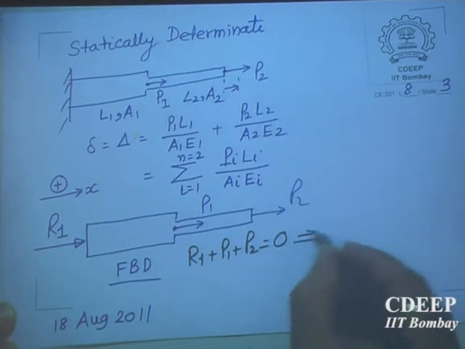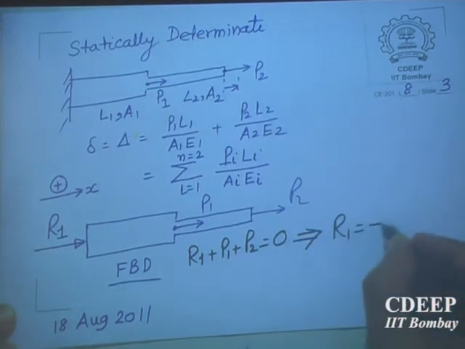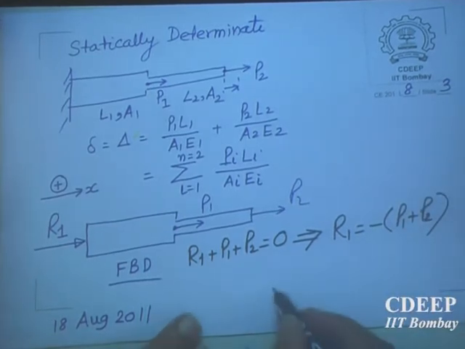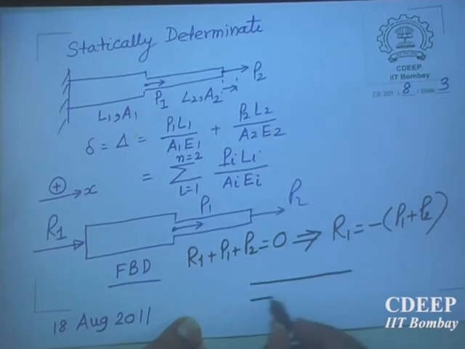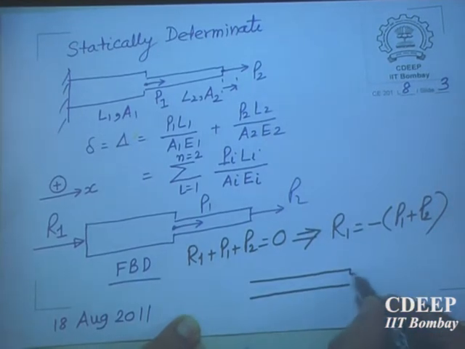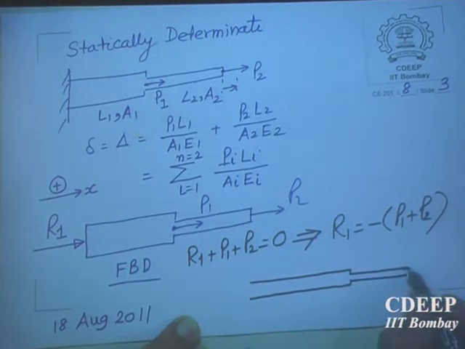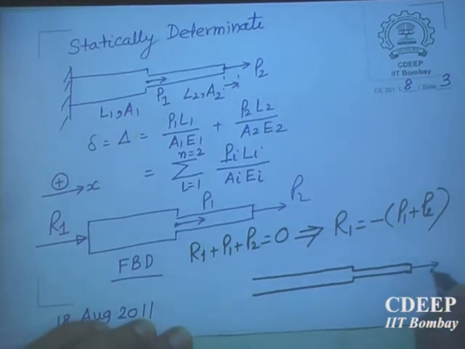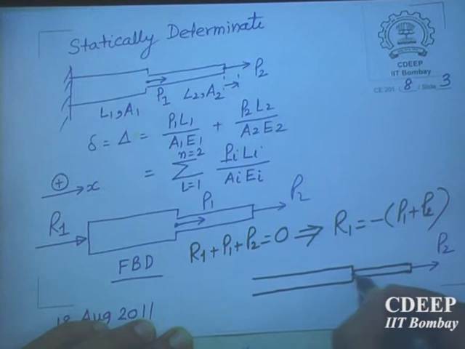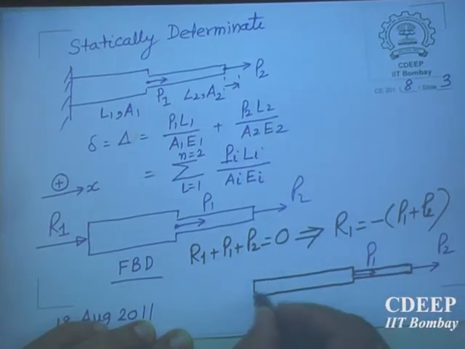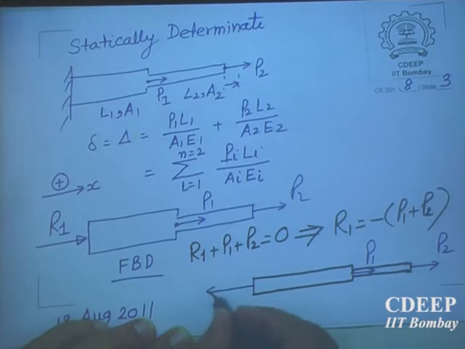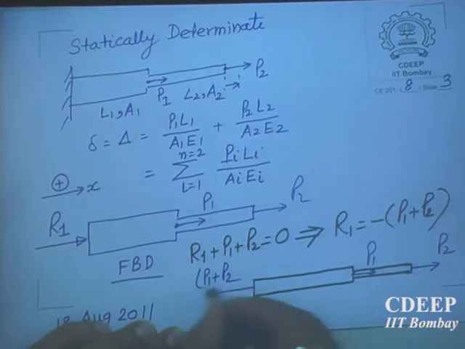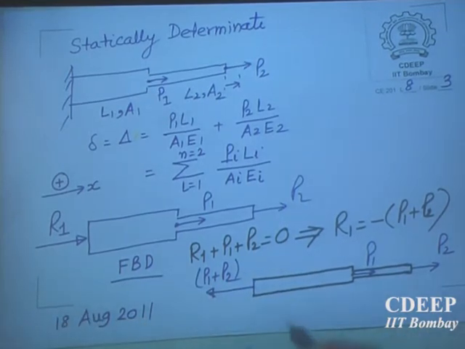Therefore, R1 equals minus (P1 plus P2). Clearly, this tells us that the direction I originally chose is not right. The actual direction is like this. So you have P2 here, you have P1 here, and at this point, in order to keep this rod in equilibrium, you have P1 plus P2 acting here. So this is the solution.